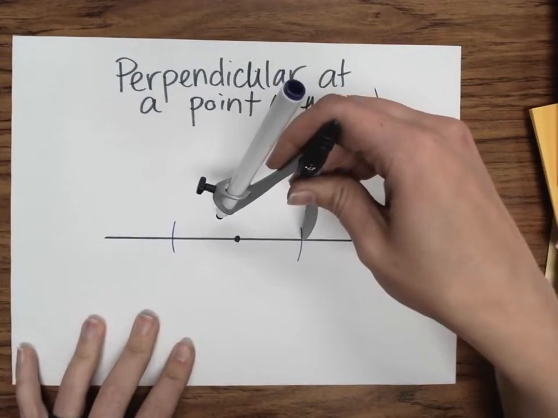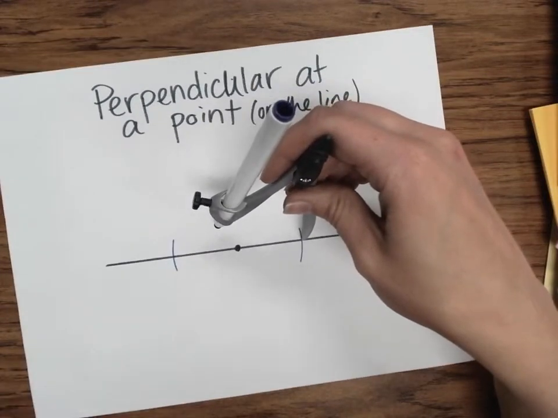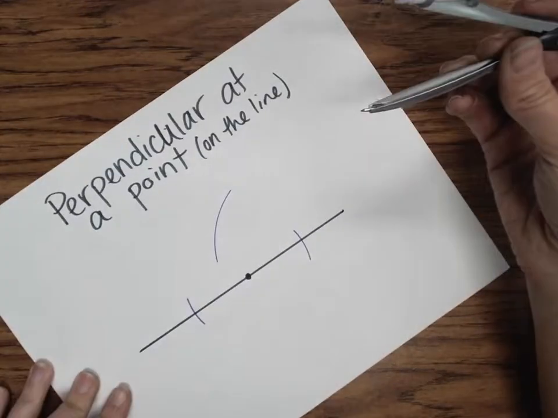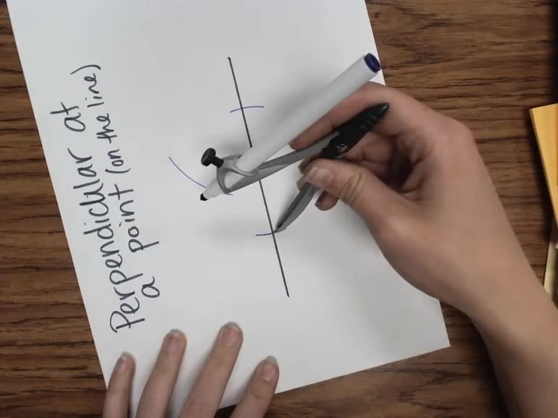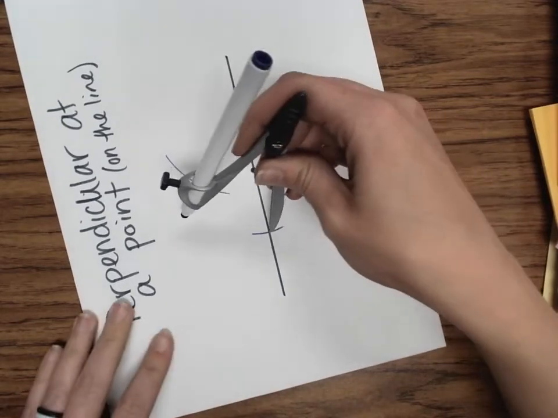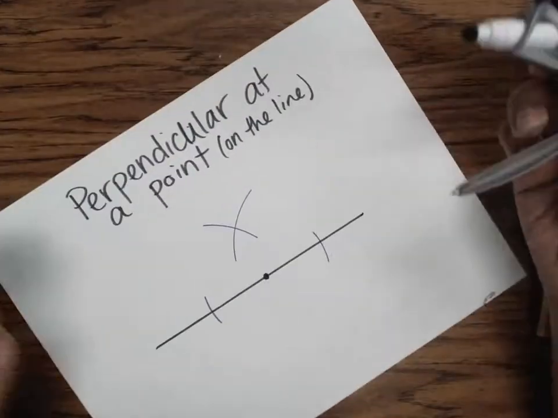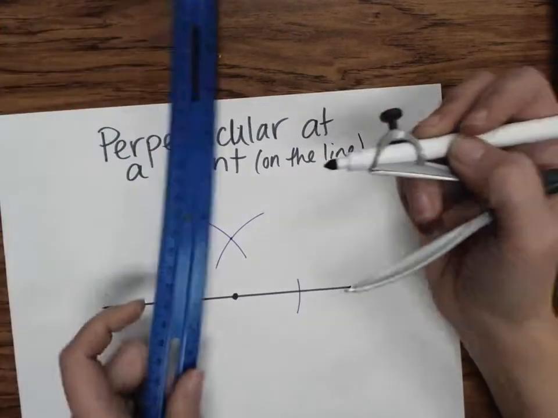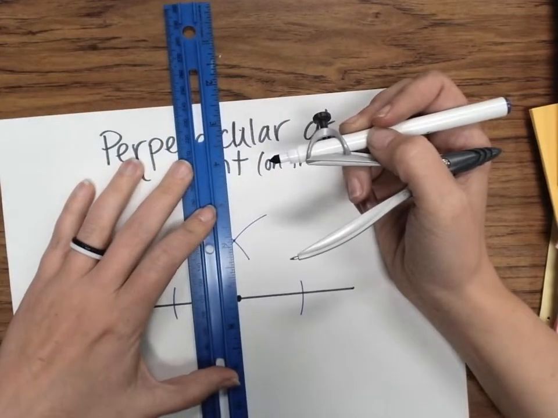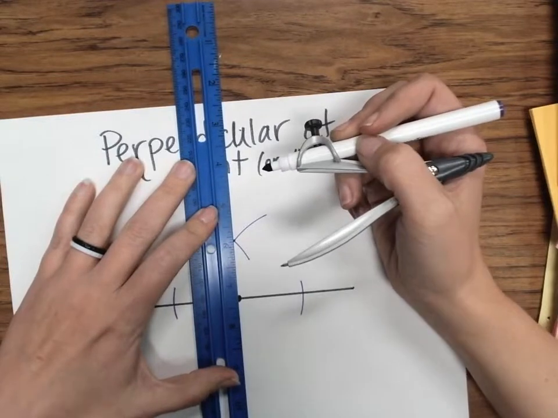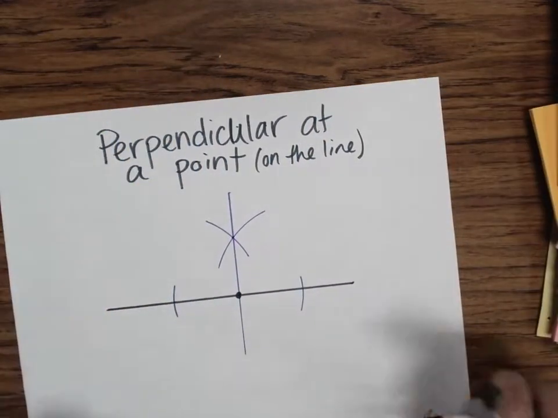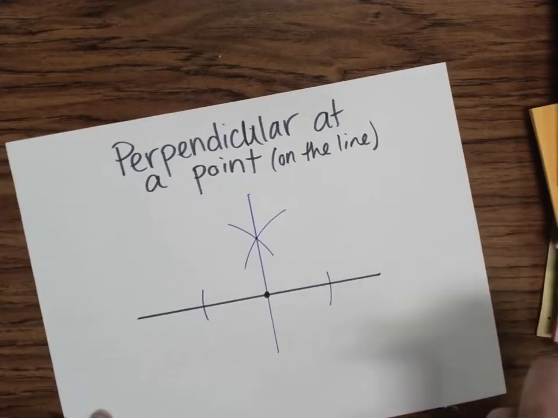So make an arc, and you can do above or below, it doesn't matter, but you don't really need to do both. So I'll just go above and then go to the other end and make an arc. And then you just draw your line through that crossing point and through the point you were trying to go through here. Just like that. And that is it. And that should be a 90-degree angle.